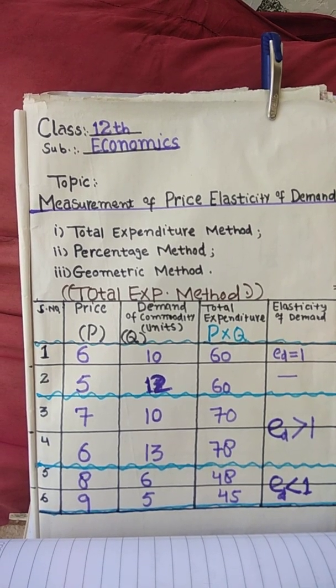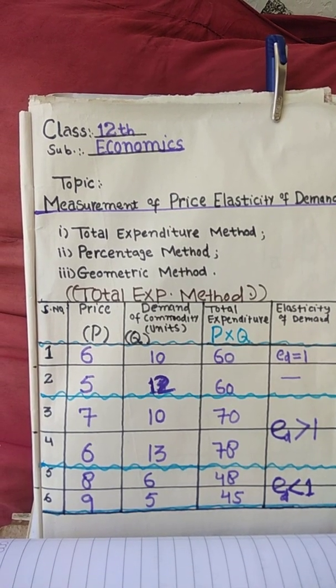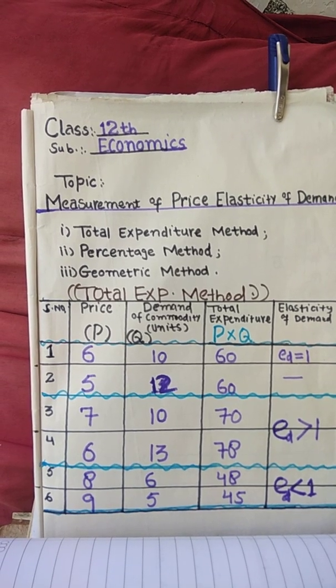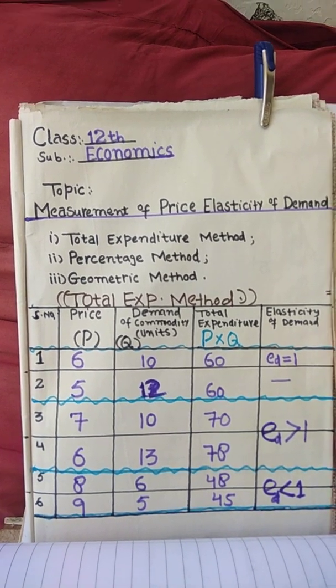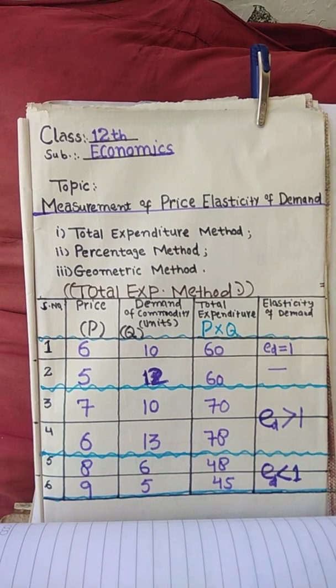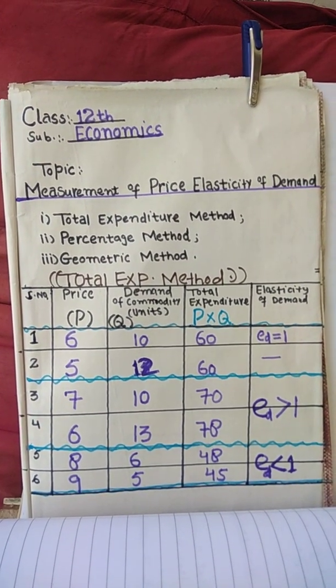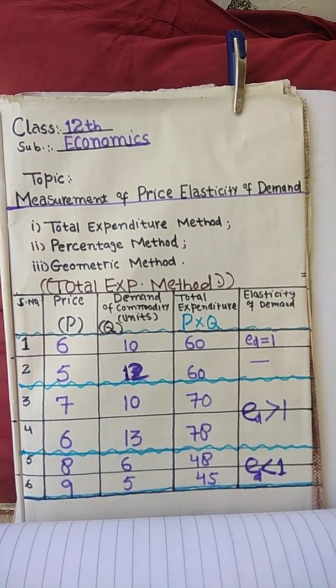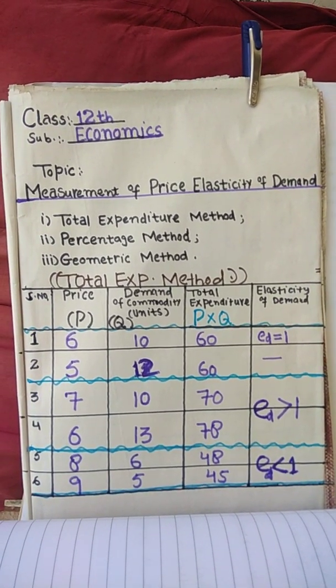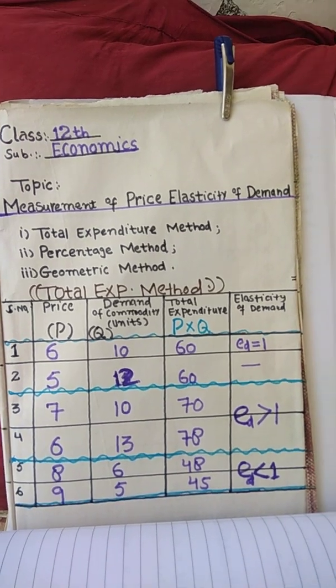That is, the price elasticity of demand may be unity, it may be greater than unity, it may be less than unity. The relationship may be understood with the help of the table which I have shown here.